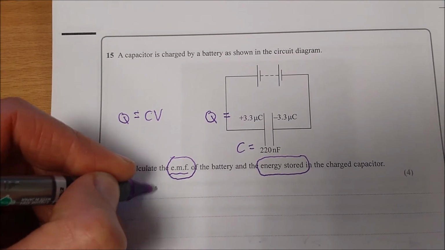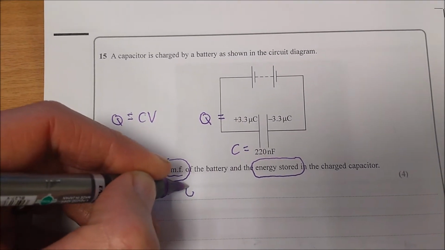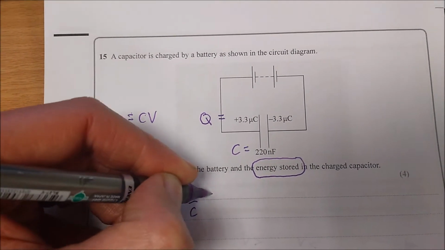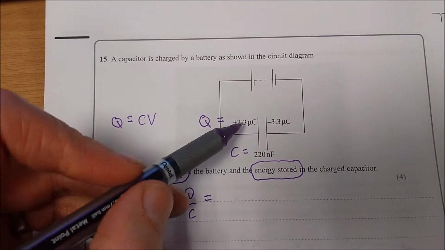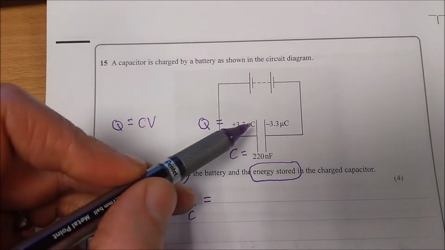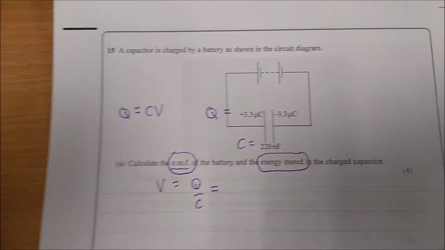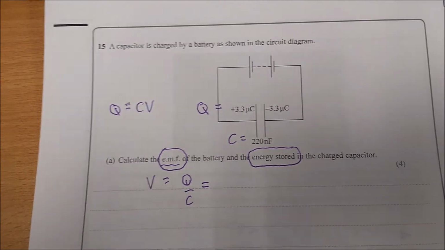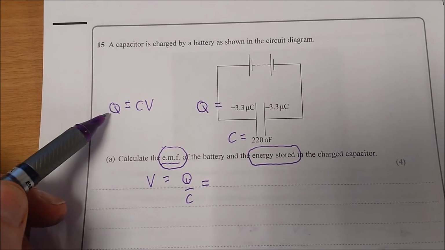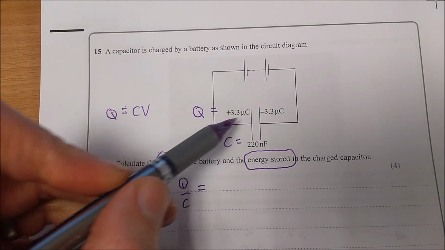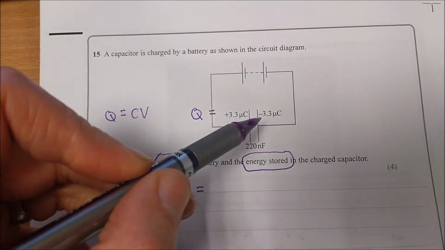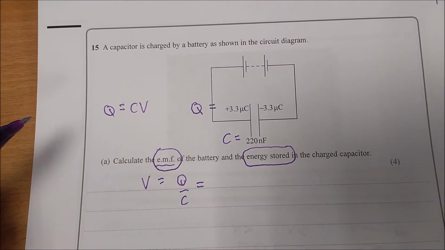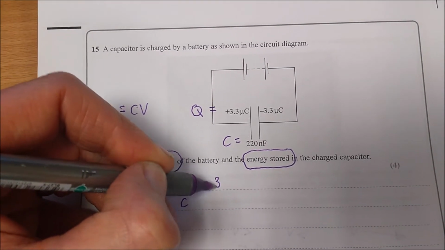So if we just write V equals Q over C there. Now what do we use? Because we've got 2 charges here. Do we need to double it for Q? We don't, because when we talk about Q, the charge stored on a capacitor, we mean the charge that's being moved off one plate onto the other, so you don't double it. So it's 3.3 micro.